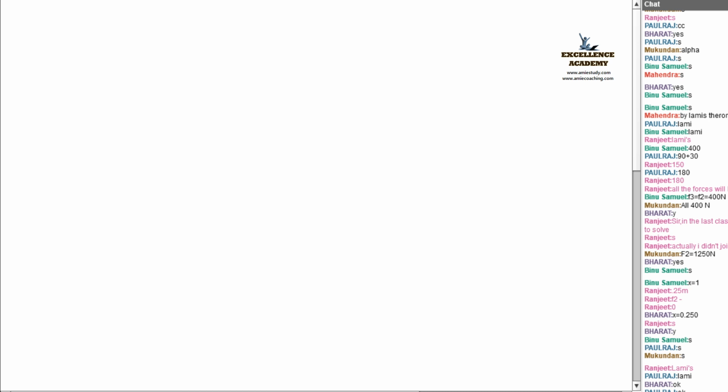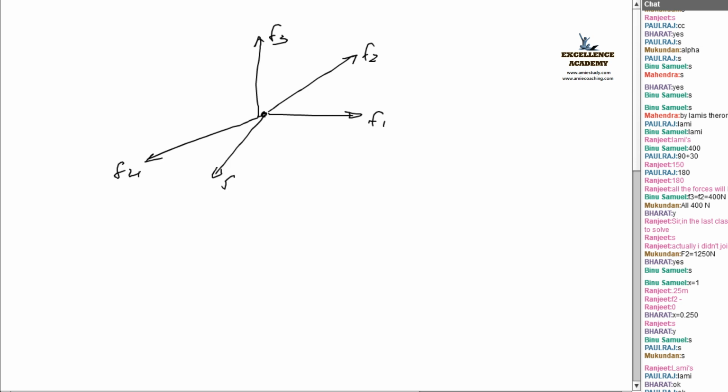This is a point where the forces are acting. Say F1 is acting in this direction, F2 in this direction, F3 in this direction, F4 in this direction, and here F5 is acting. I don't know its direction.